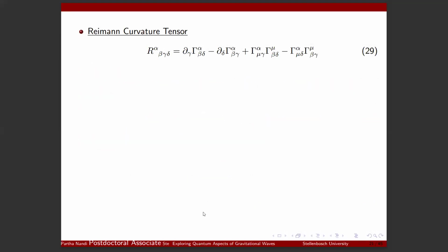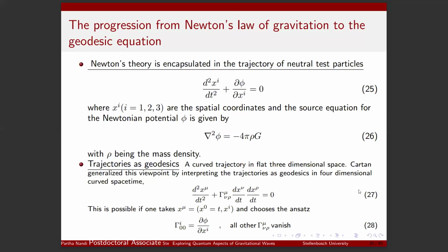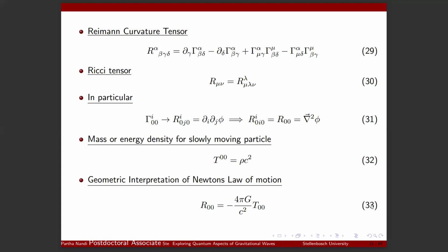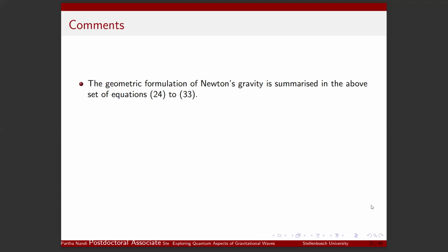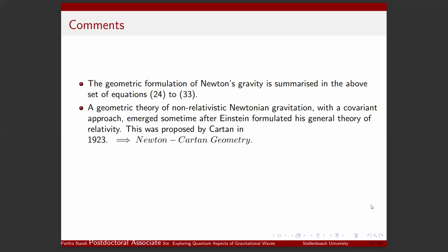Equations 27 to 33 give the geometrical formulation of Newtonian gravity. And this indicates that the non-relativistic space-time also has a geometrical interpretation, which in the literature is known as Newton-Cartan geometry.